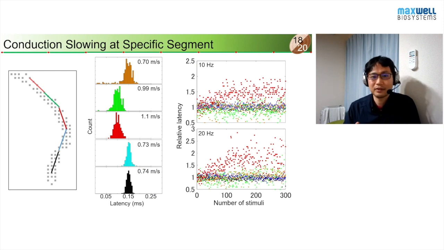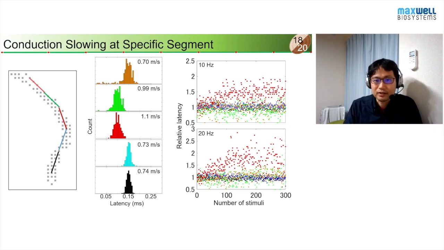To further examine whether the decrease in conduction velocity occurred throughout the entire axon or at a specific part, the axon was divided into 5 segments, as shown on the left, and we calculated the conduction delay in each segment. When the conduction velocity was first calculated with a low-frequency stimulation, the 2 segments in the middle part had higher conduction velocity.